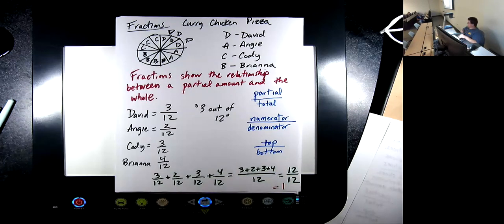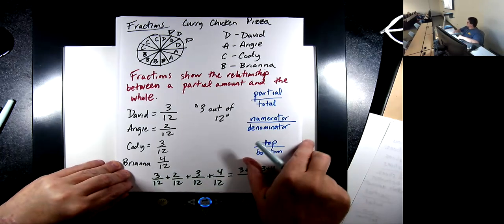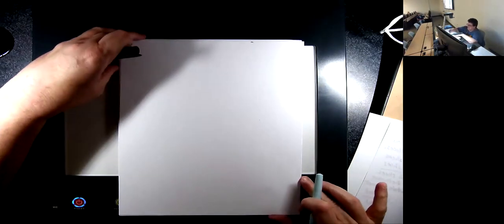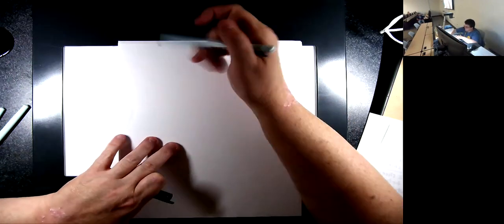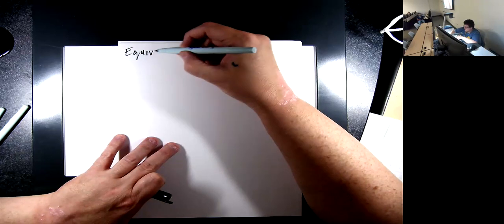Let's take a look at David's and Cody's slices in particular. Everyone ready? Okay. So this comes under the idea of equivalent fractions.